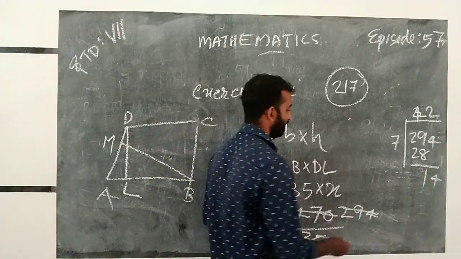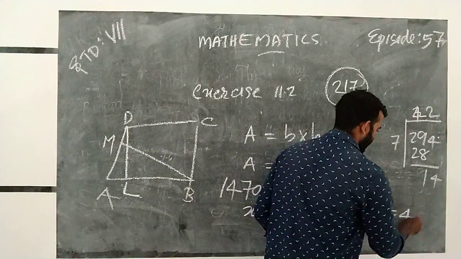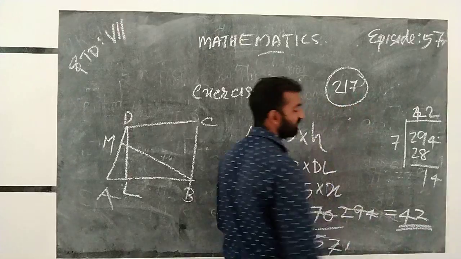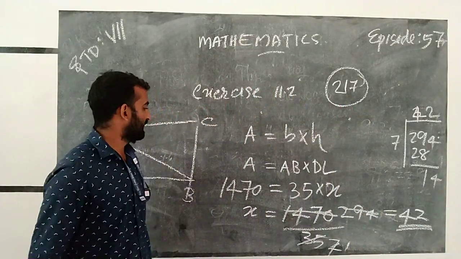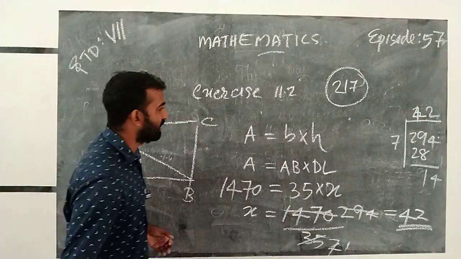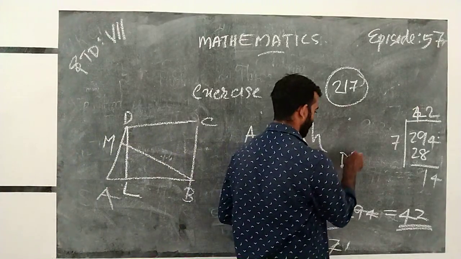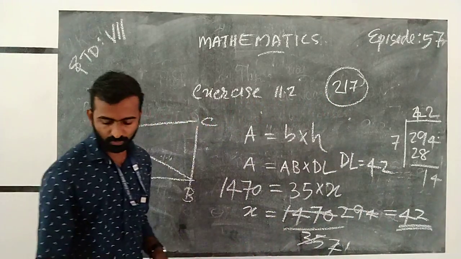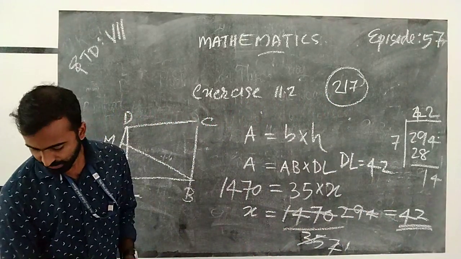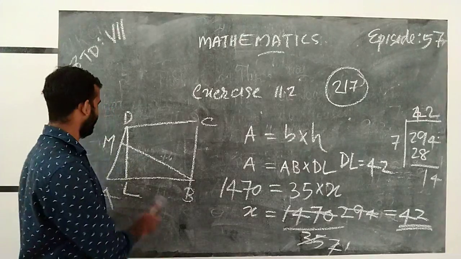That is, DL equals 42, and DL equals 42 is the answer.